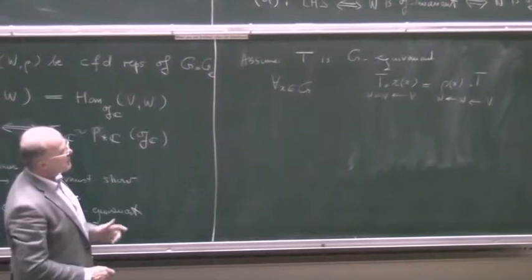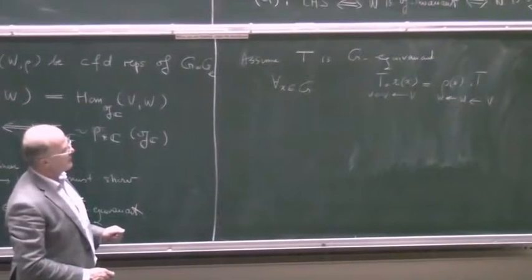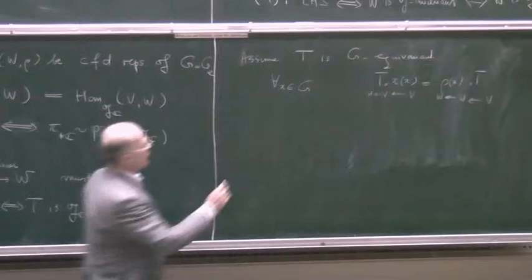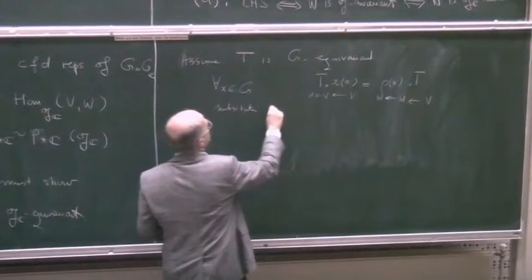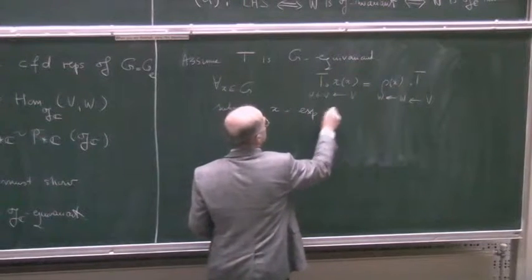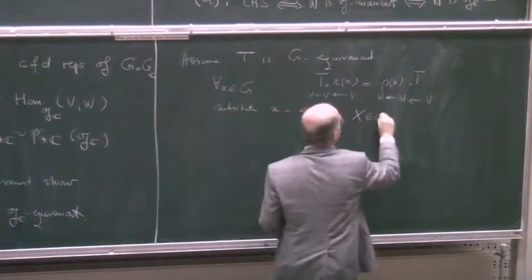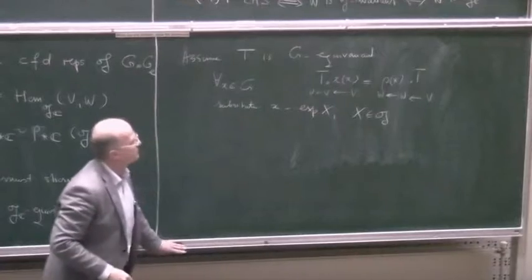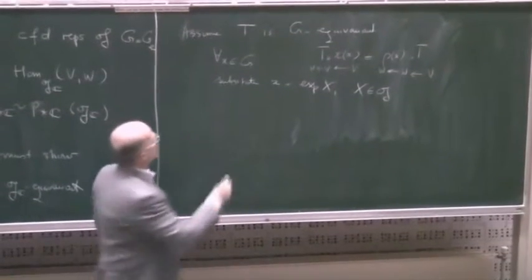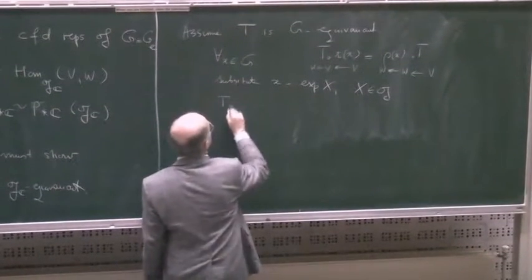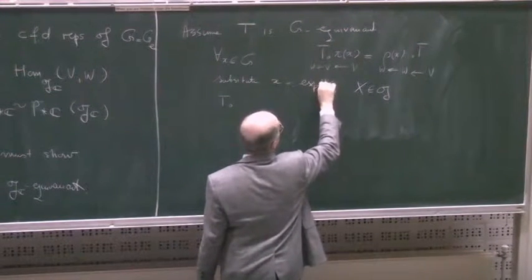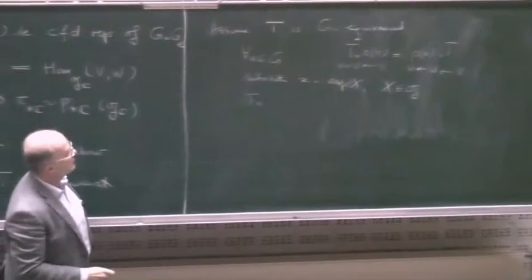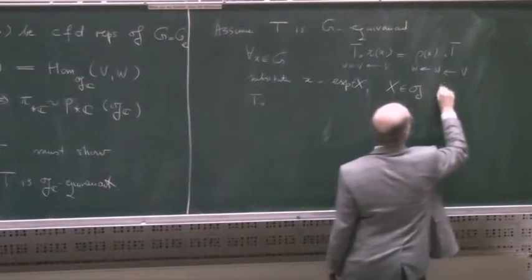Now, if this is true, then it is in particular true for x is the exponential of an element of the Lie algebra. So then we get that T composed, and we could take a real parameter t if we like.